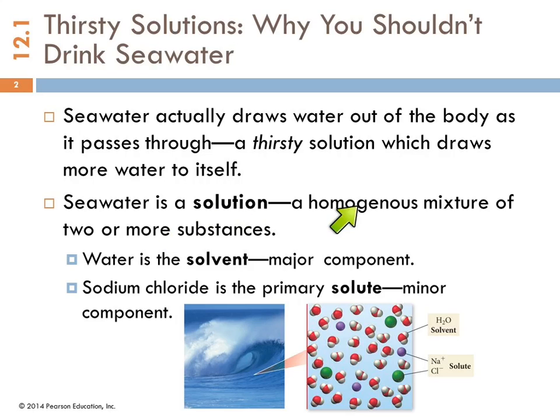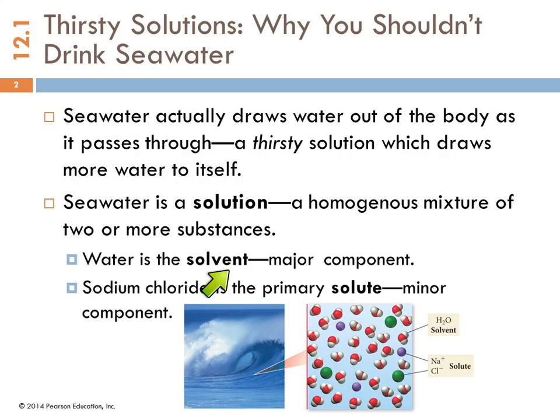A solution is a homogeneous mixture of two or more substances. So homogeneous, the same throughout. And it's a mixture, so the proportions of the different components can vary. They're not always going to be the same. In seawater, water is the solvent, and sodium chloride is the primary solute. So these are the names of the two different components of a mixture.